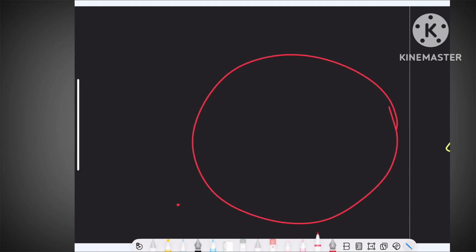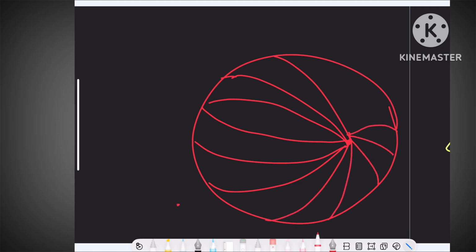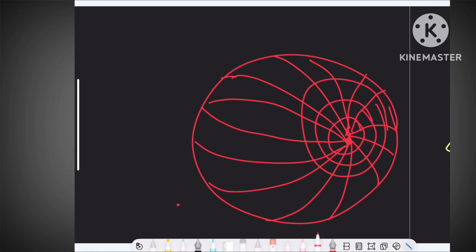It is the earth, it is the center, these are the lines. And the latitudes are like this.